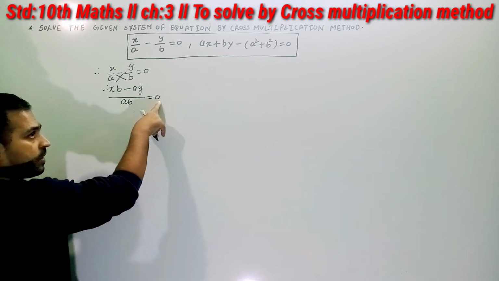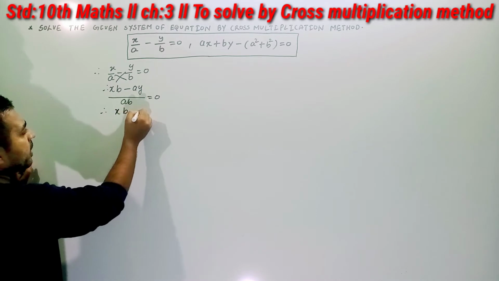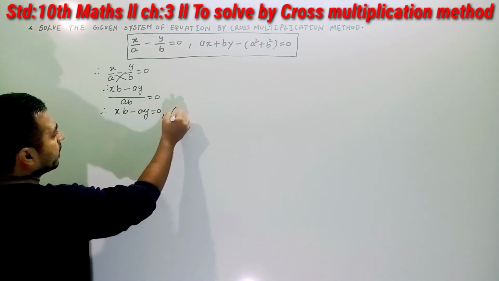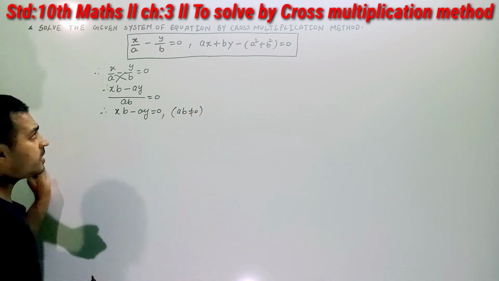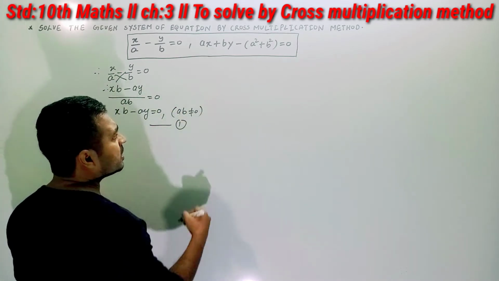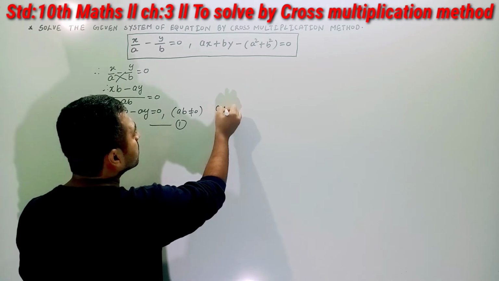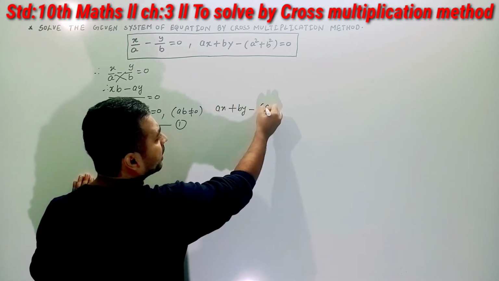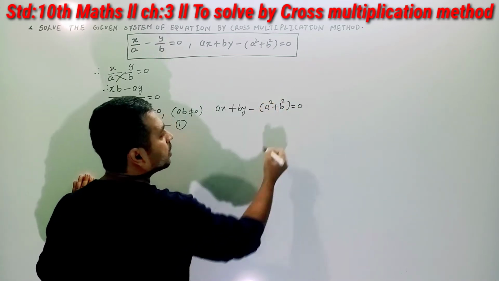So a into b will never be 0, and you can write xb minus ay is equal to 0, where ab is not equal to 0. The second equation is already in the general form, so you can write ax plus by minus (a square plus b square) is equal to 0.